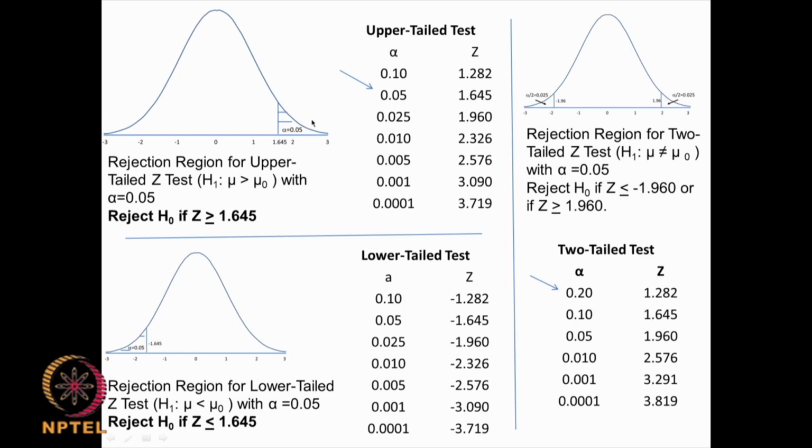Whereas, in a single tail test, you are considering only one side of the area. If it is an upper tail, you have the area on the upper side. If it is the lower tail, you have the area on the lower tail. So, for a 95% upper tail test, the z value or t value will be 1.645. For a 95% lower tail test, again the z value will be minus 1.645.